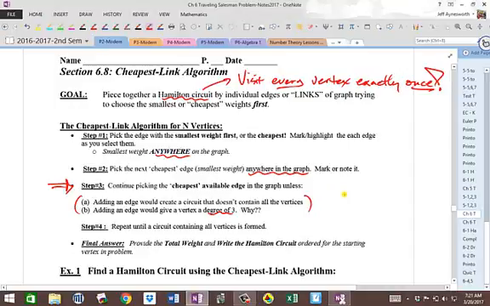Because of that, let me just draw a quick little circuit here. Let's suppose this is our circuit, and these big dots are the vertices. If you take a look at any vertex, these right here in red, you'll notice that each one is degree 2.